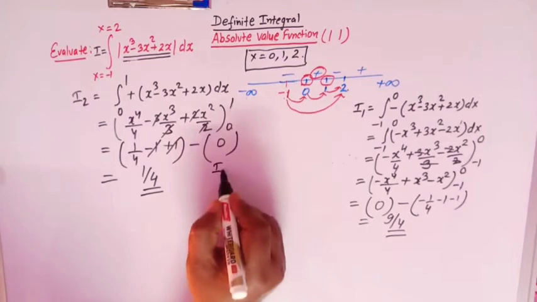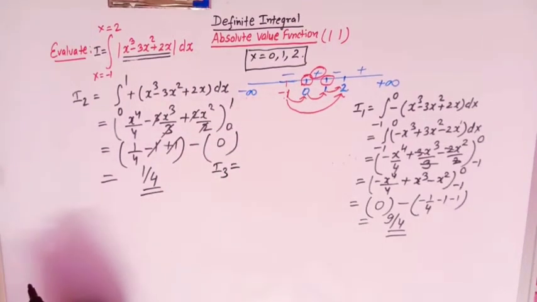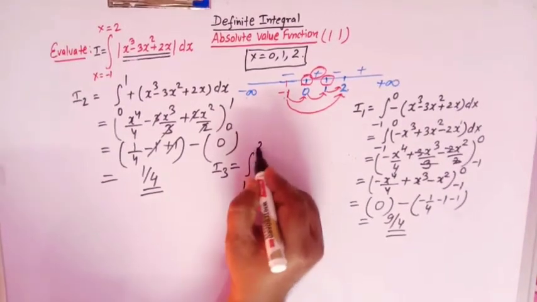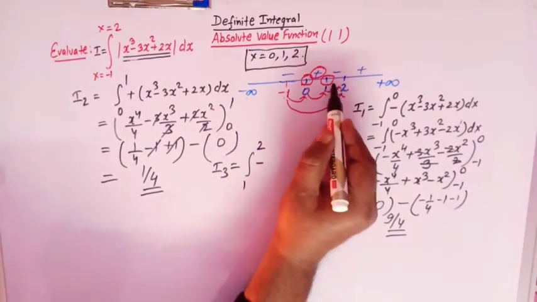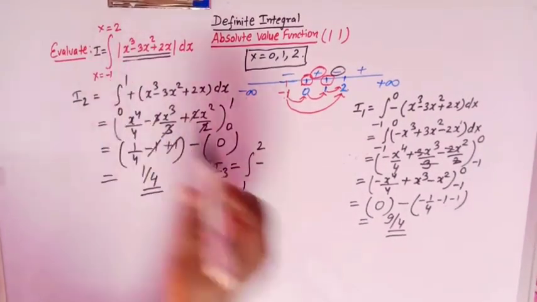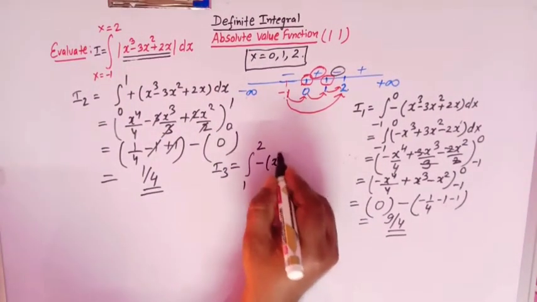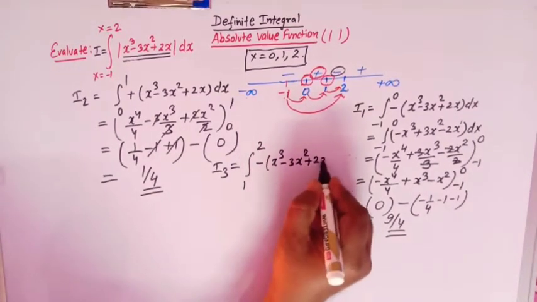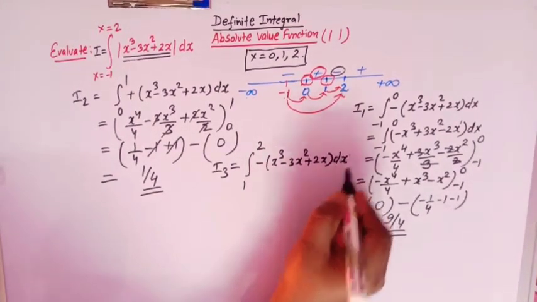Now let us take the integral I3. So I3 is from 1 to 2, and the sign of f of x is negative here, so f of x is x cube minus 3x square plus 2x, and here we have dx.